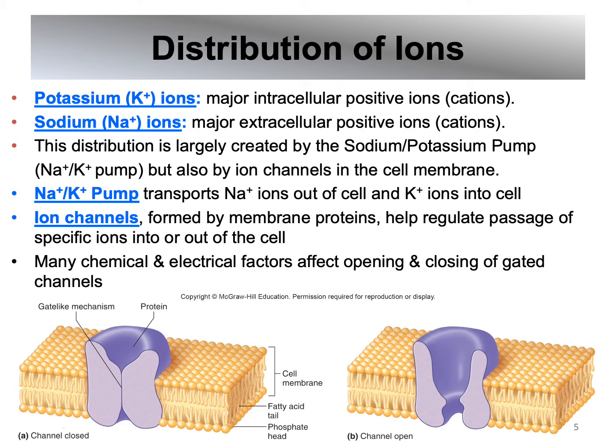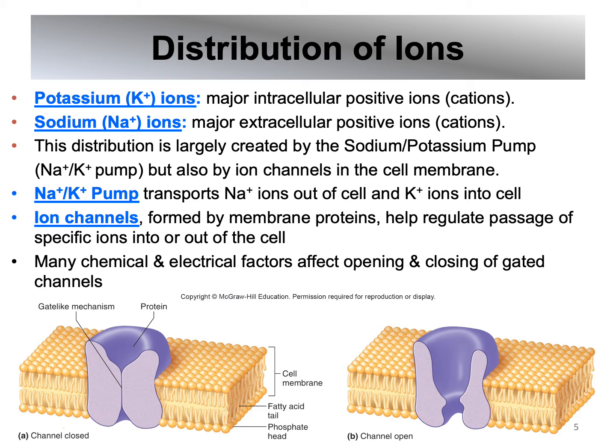Let's summarize. Potassium ions are the major intracellular positive ions or cations. Sodium ions are the major extracellular positive ions or cations. This distribution is largely created by the sodium-potassium pump, but also by the ion channels in the cell membrane.